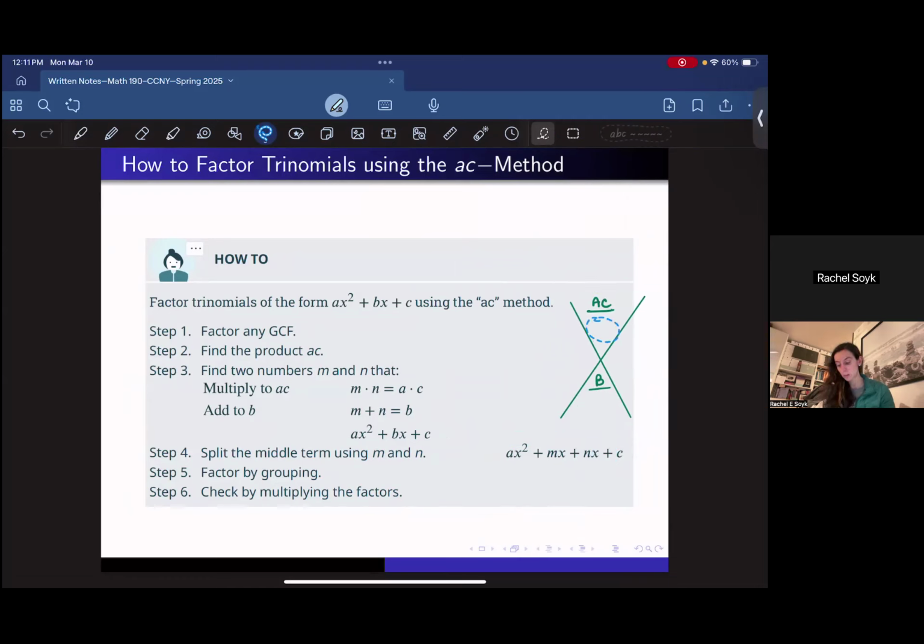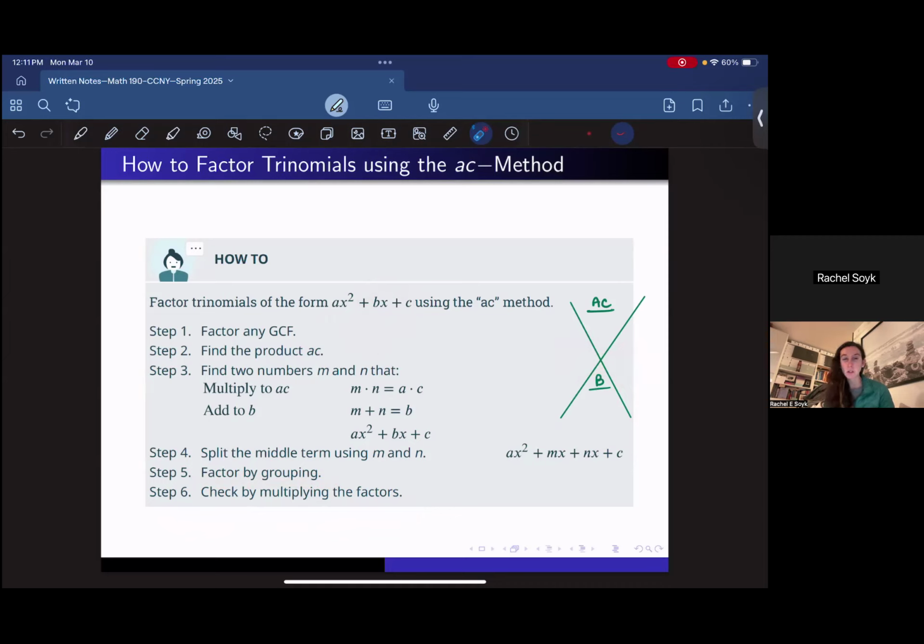Once we get these two numbers, we are going through the whole finding factor pairs of our AC that add to our B, and then we place those there in that middle section of the X. And then from there, we manipulate our trinomial and break up that middle term into these two values so that we can factor by grouping and then overall simplify, and last step, check.